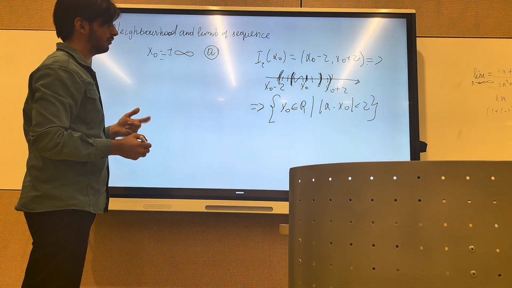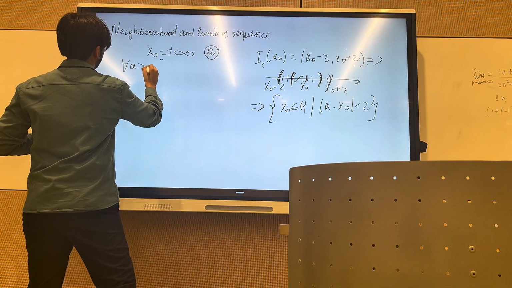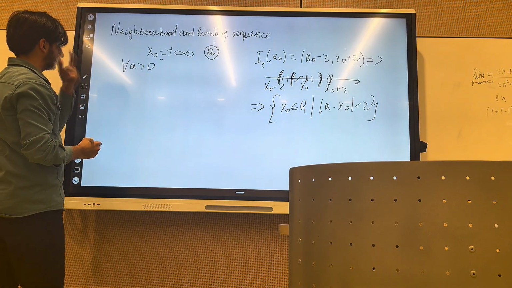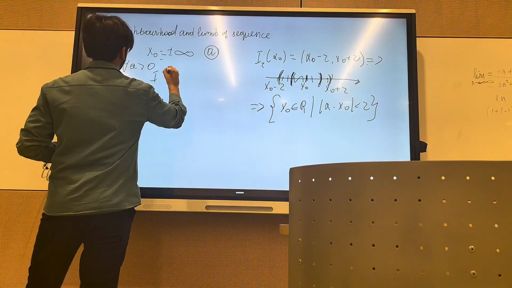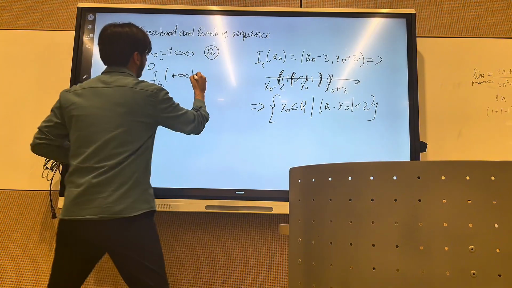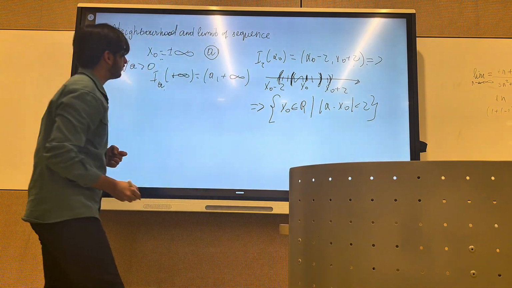We can take an endpoint, for example, like that. For all a more than 0, we say that the neighborhood of positive infinity is the endpoint a, which equals from a to positive infinity.